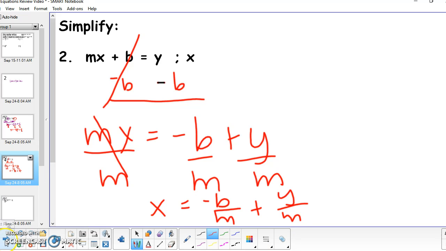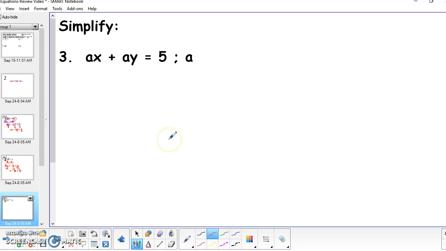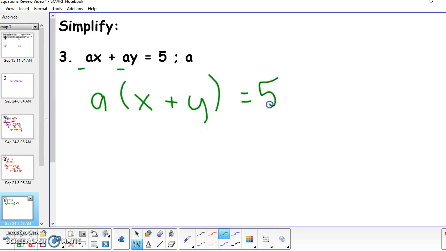Continuing on to the next example. Ax plus ay equals 5, and it wants us to solve for the variable a. Well, I notice immediately that there's an a in both terms. So I am going to undistribute to get a by itself.